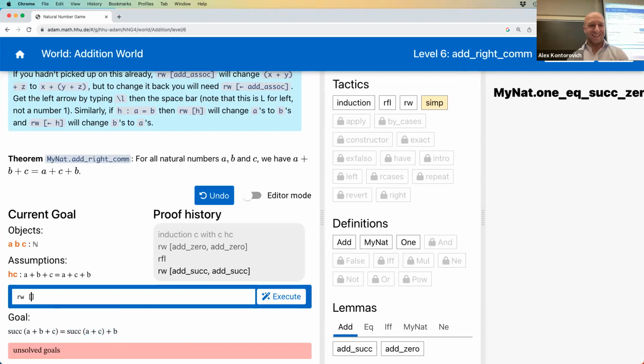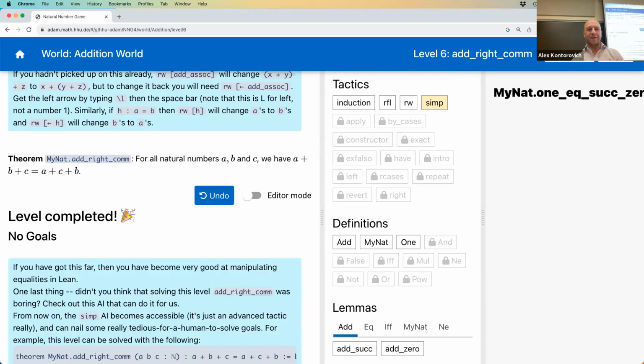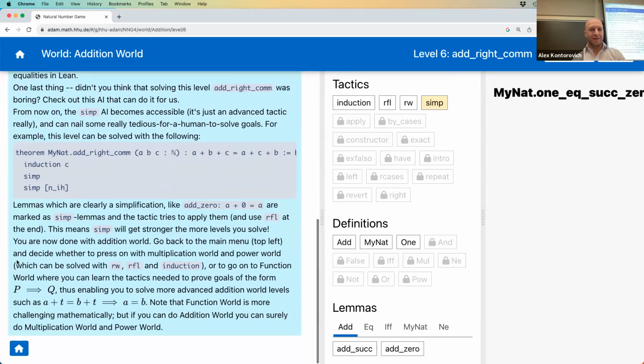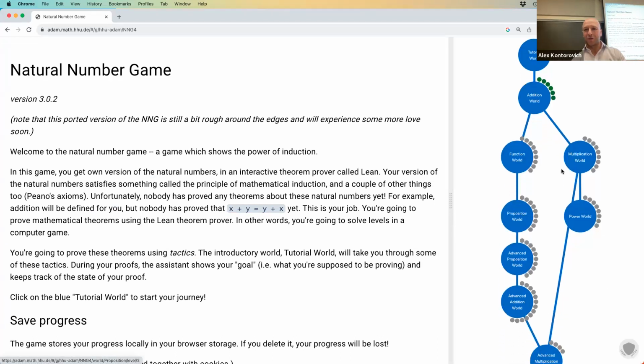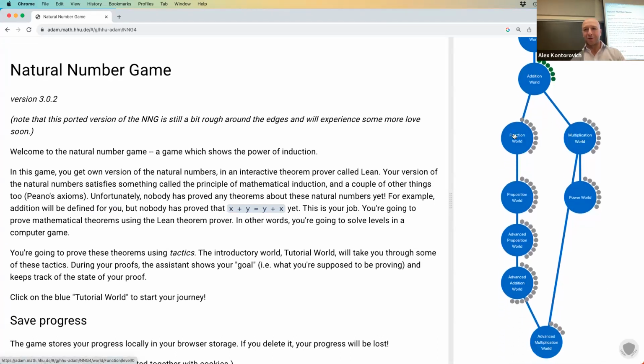Good thing we proved that. And now it looks just like the induction hypothesis. So now I can write the induction hypothesis, and the 2 sides are identical. Okay, next. That was addition world, function world or multiplication world? Function world? Sure.